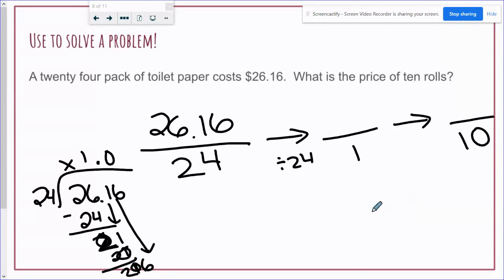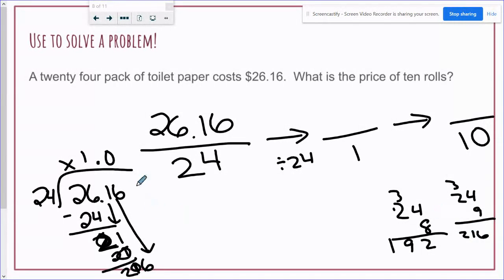So it's going to be less than 10. Let's try 8. 24 times 8 would be 192. Let's see if we can go up to 9. It would fit in 9 times exactly. So we know that each roll is $1.09.